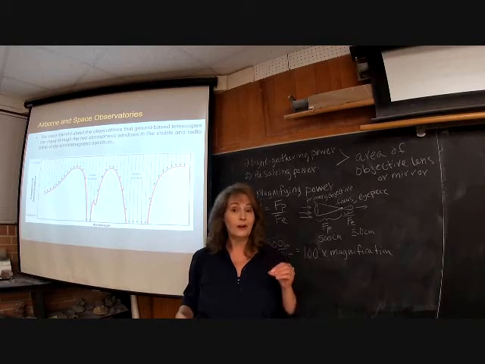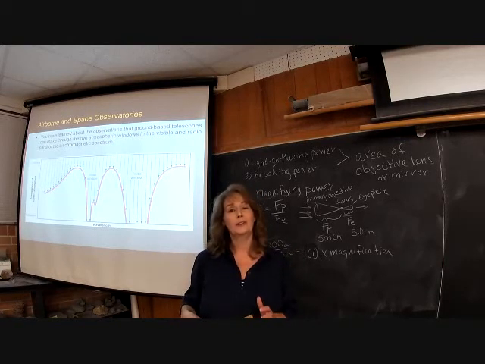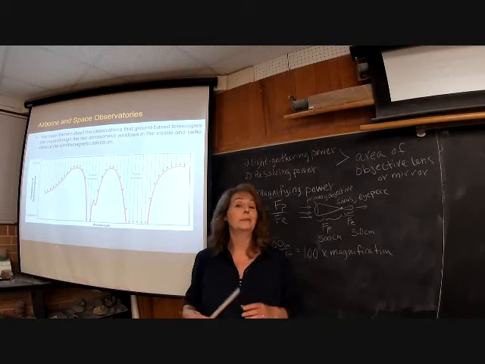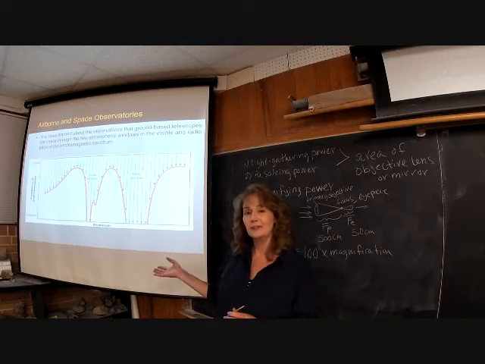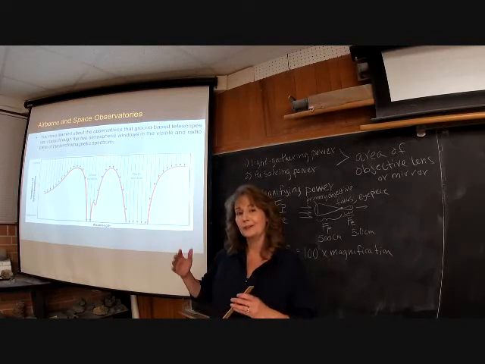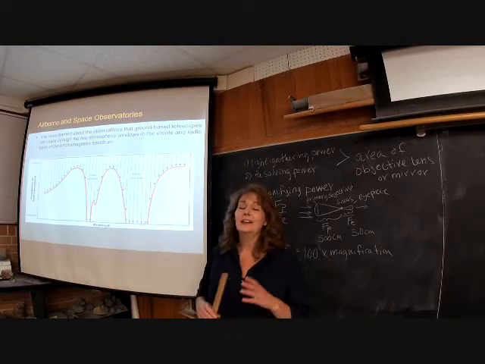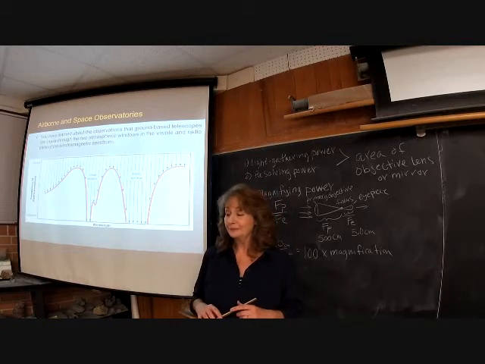But if we want to take advantage of looking at those gamma rays and X-rays, we've got to get up above our atmosphere. Okay, it does us a beautiful service. The ozone is blocking out the UV radiation way up there in the stratosphere, protecting us really.